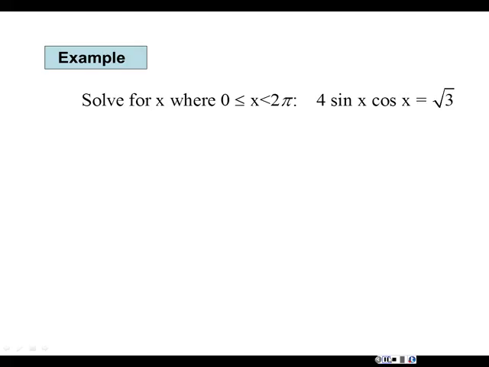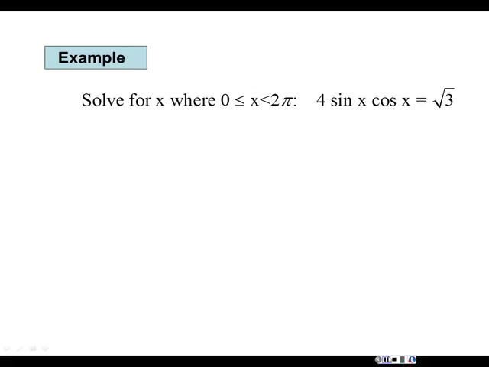All right, so you have 4 sine x cos x equals. Now here we can write 2 times 2 sine x cos x equals square root 3. Any clue now?